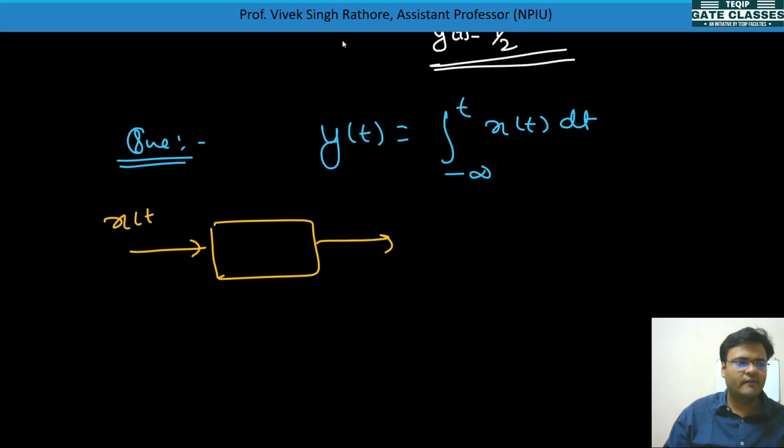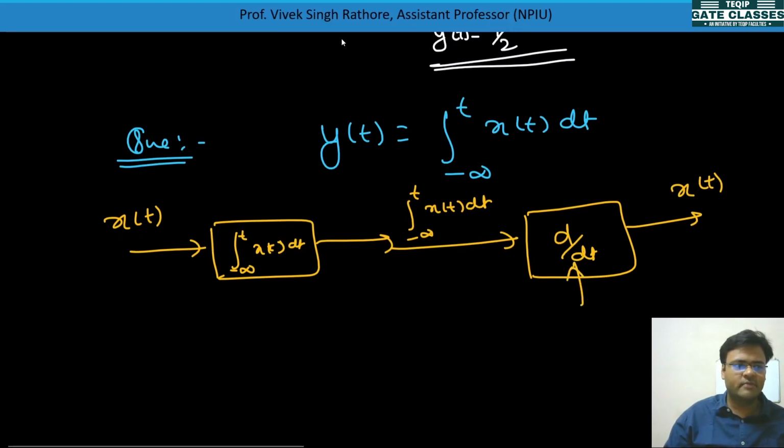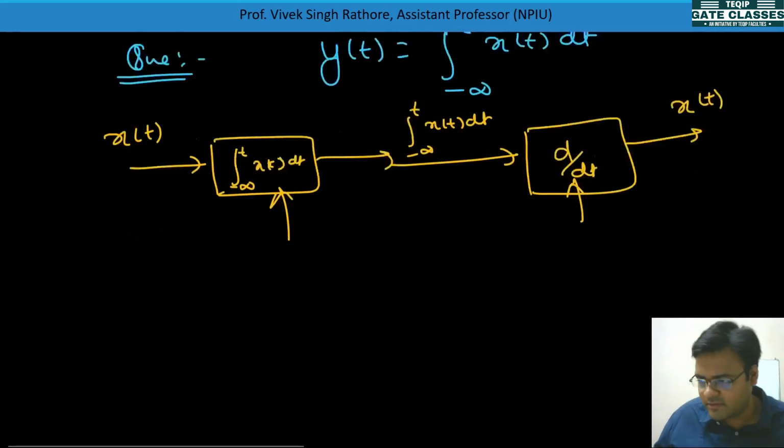If you give x(t) as input, it is integrating the input, so we get the output as the integral from minus infinity to t of x(t) dt. If we feed it to a differentiator d/dt, we'll obviously get x(t) again. So this is your inverse system, and this system is called an invertible system.